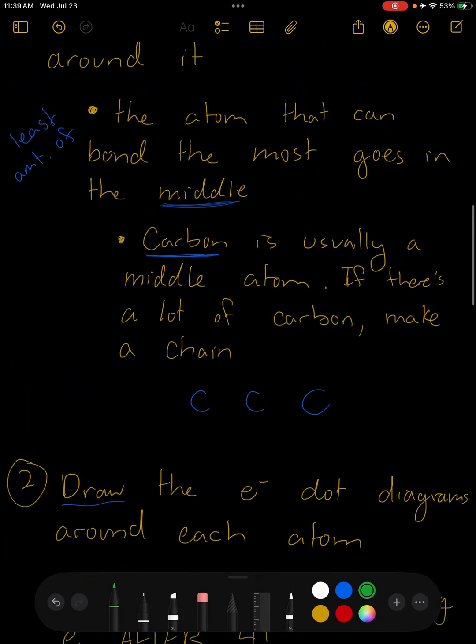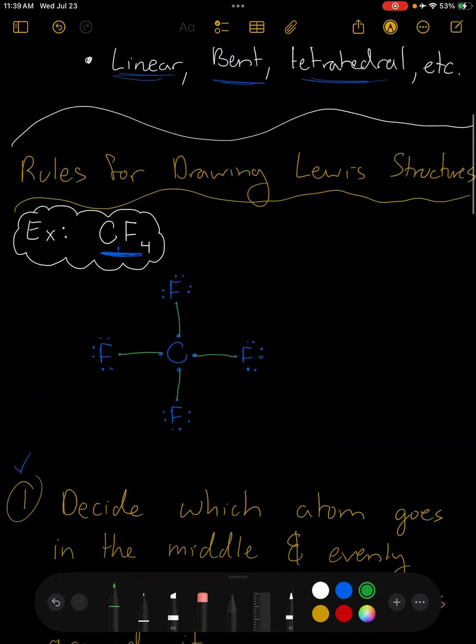So let's take a quick look at our structure up top and see how we have to clean it up. The only thing that's wrong with this that I'm seeing is those little dots on the end of the bond line. So I'm just going to redraw it real quick. I just have those clean lines coming off of carbon. And for each of my fluorines, the only dots I'm going to redraw are the non-bonding pairs.